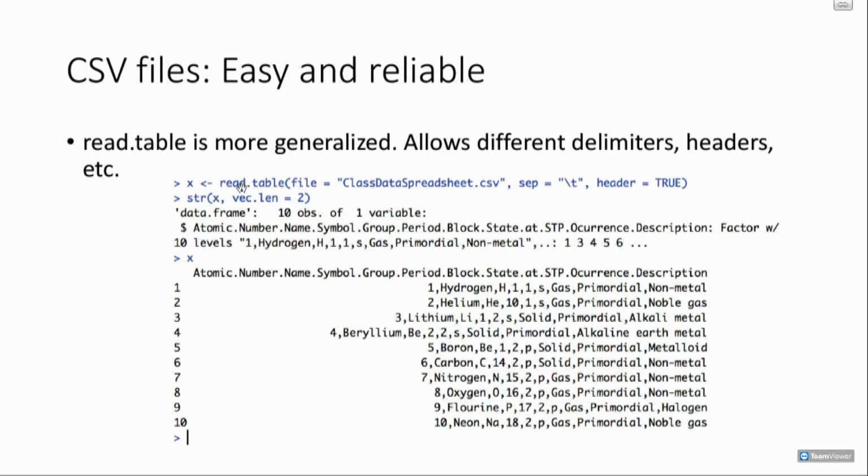If you want to use read.table for reading a CSV, then you have to change this tab to a comma, and then it's going to read the CSV. Since we gave it a tab, it's looking for tab as a separator. So what it did is put all the data in one column. That's what you will have if you don't specify the correct separator.